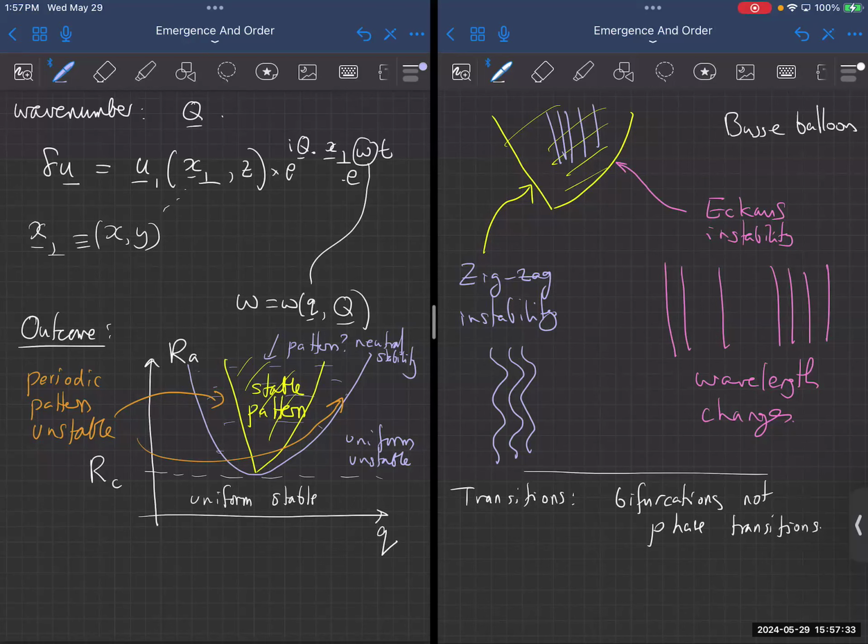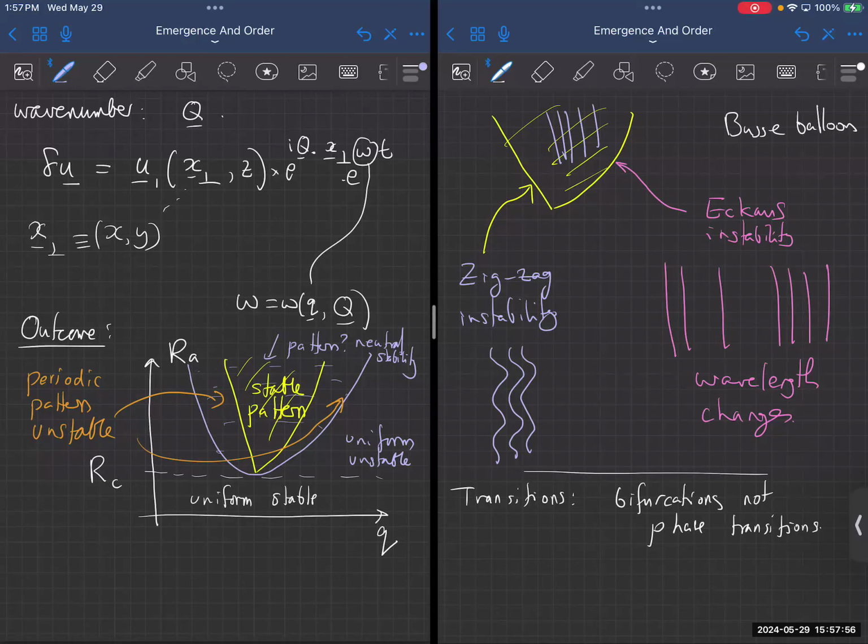You could say, well, there's thermal noise, so that could make some difference to these things. And it's true, it can, but in a very, very tiny interval of the parameter space. So most of these things do not seem to be phase transitions. Technically these are bifurcations.